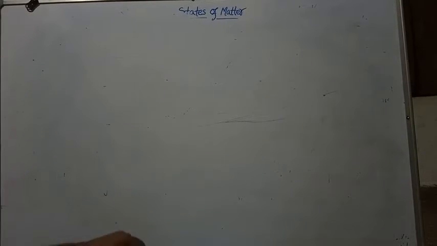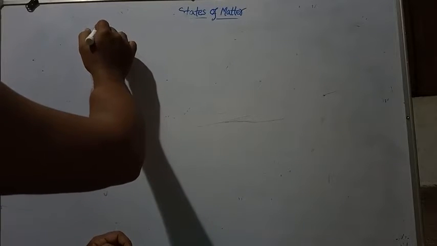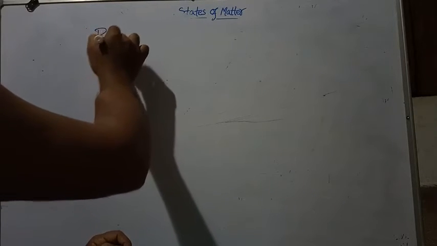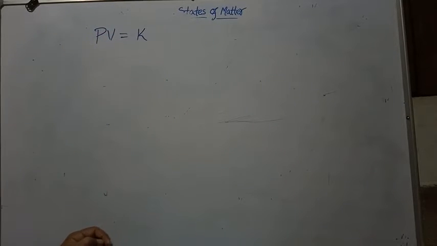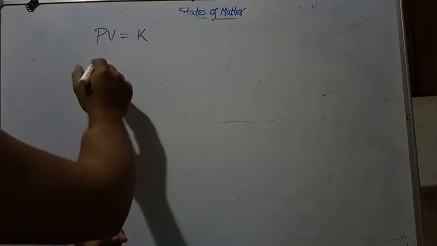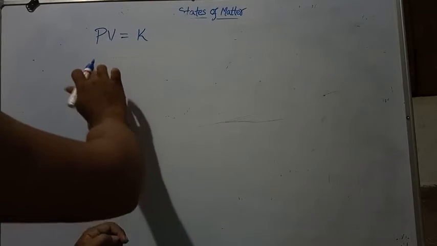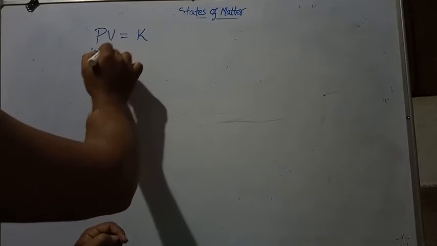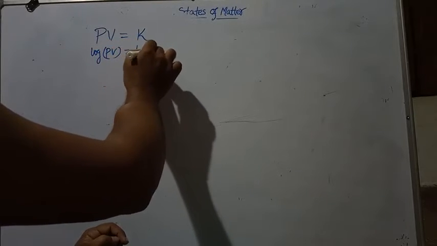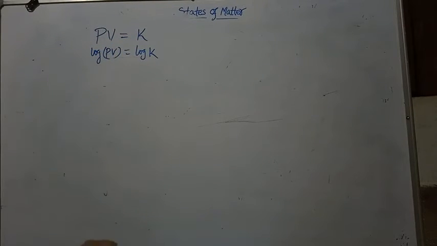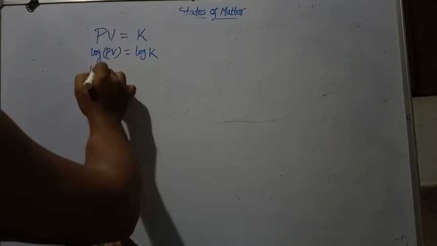And one point, if you remember, another graph will be there, that is PV is equal to constant. Previously we discussed, applying log on both sides, what happens? Log PV is equal to log K. It will be in the manner of log AB. How can you write that?